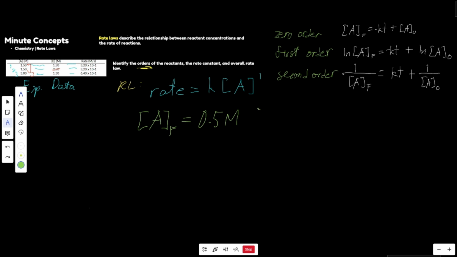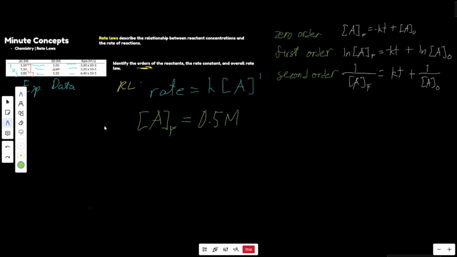Now we also need K and we also need T, but actually we haven't solved for K, so let's give that a try. Since we already know what the overall rate law is, we can just pick any trial and plug in the values to see what our rate constant is.